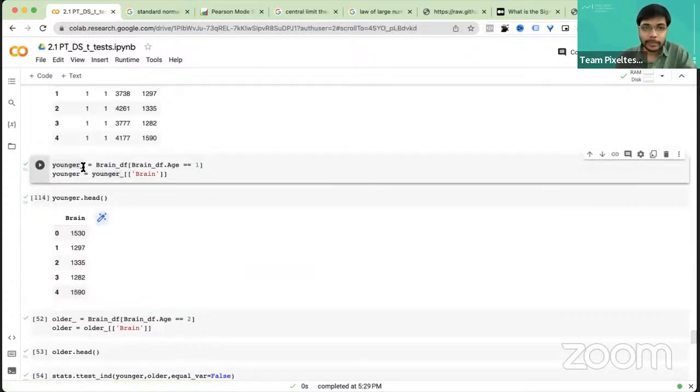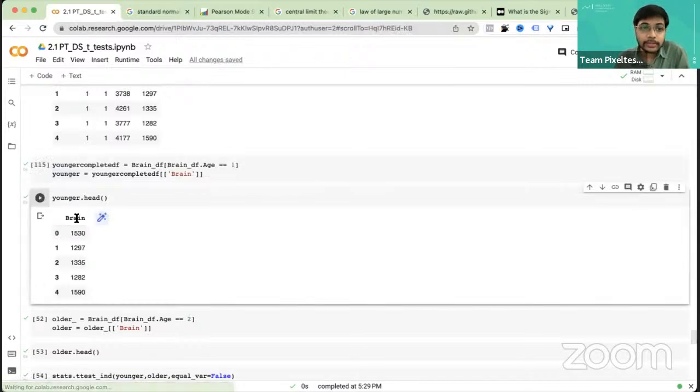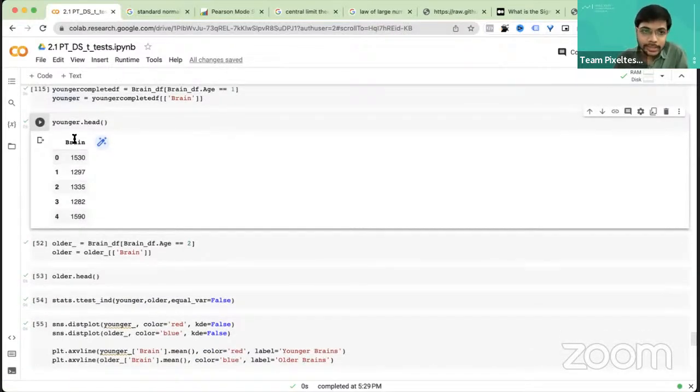So let me make it simpler. Let's say it is the whole younger complete data frame, and out of that younger complete data frame, I am just getting in the younger data frame only the brain column. So now you have understood that here we have only the weights of brains in younger.